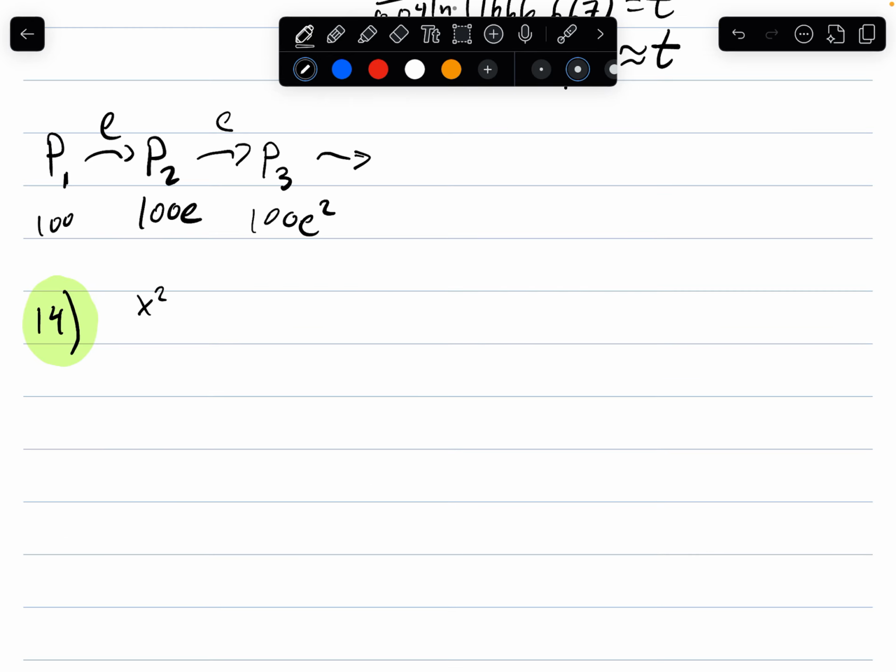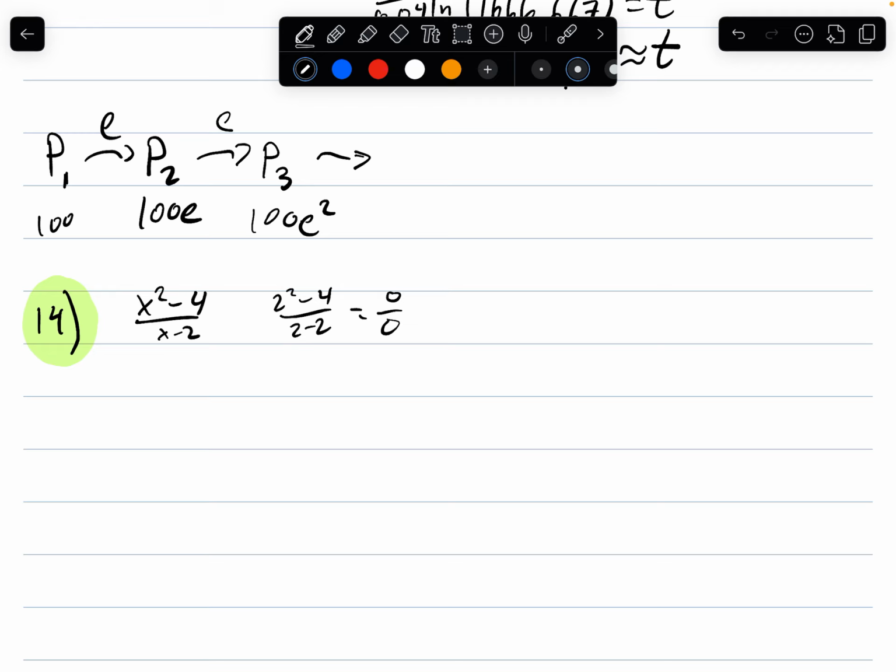So we have here x squared minus 4 over x minus 2. If I was to plug in x equals 2, I would get 2 squared minus 4 over 2 minus 2. I get 0 over 0. Well, as we know, we don't like that, so we don't want to just accept that as the answer.